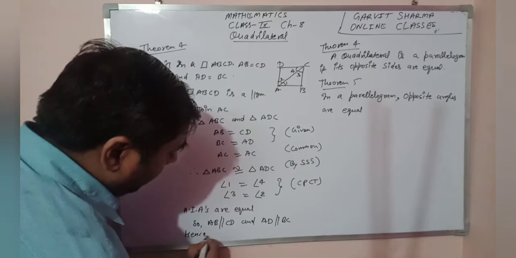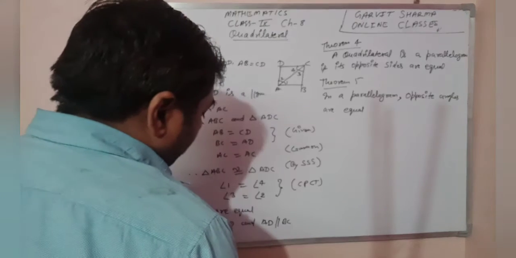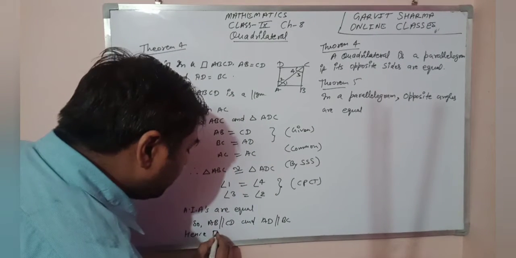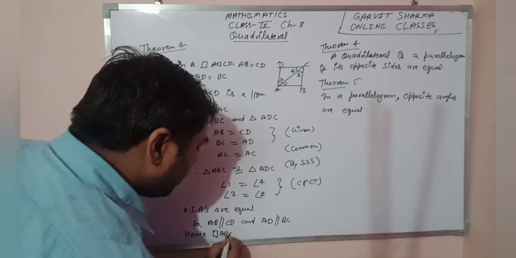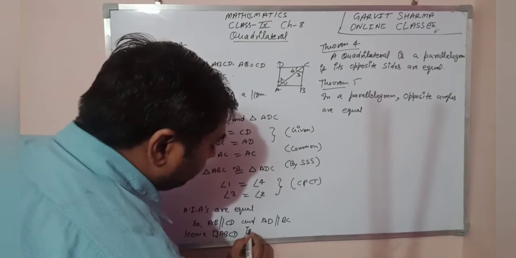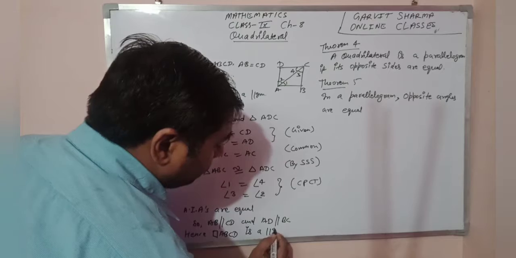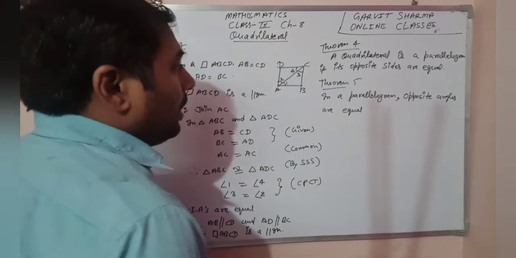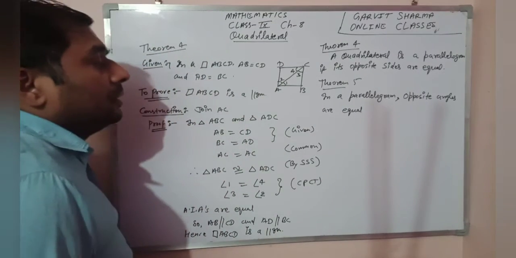Hence we can write that quadrilateral ABCD is a parallelogram. Hence we have proved it.